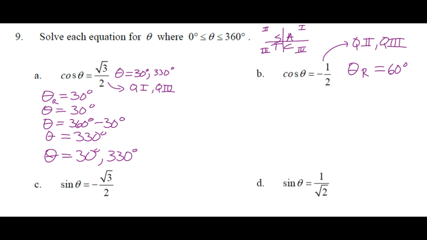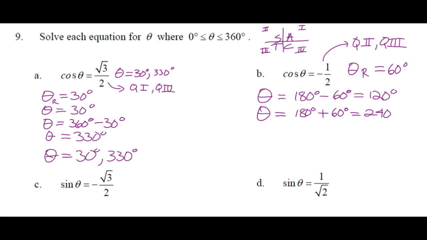So what is it? It's 180 degrees minus 60 degrees, which is 120 degrees. And I need a 60 degree reference angle in quadrant 3, which is 180 degrees plus 60 degrees, or 240 degrees. So theta is 120 degrees and 240.